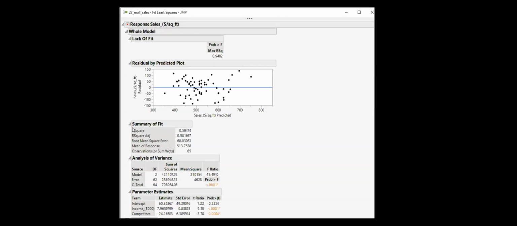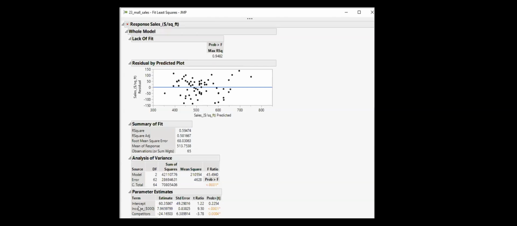So this R-square represents almost the same thing, but it's not each of these explanatory variables, it's the combination of their effects. So income and competitors together actually explain 59.5% of variation in sales.